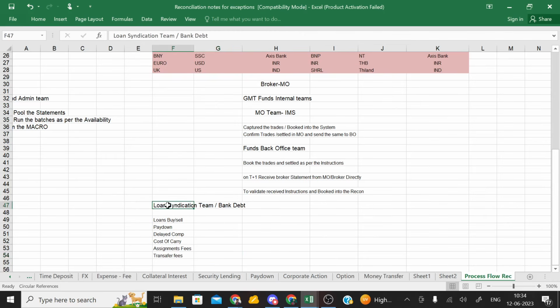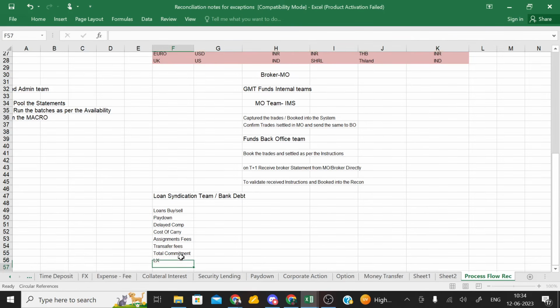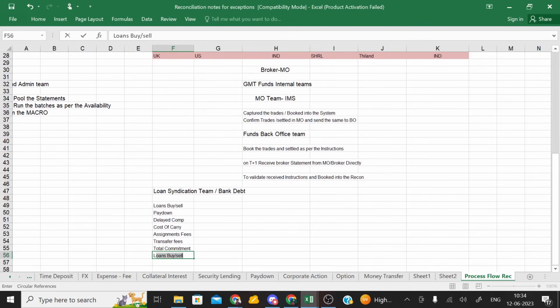The loan syndication team, they pull the same details like loans, buy and sell, pay downs, delayed comp, cost of carry, assignment fees, transfer fees, total commitment. Total commitment means total loan amount. Then LX ID, LX means loan ID, LX ID or CUSIP, sometimes Bloomberg ID. Bloomberg means it's an information providing system or broking system. They provide their own ID for each transaction.